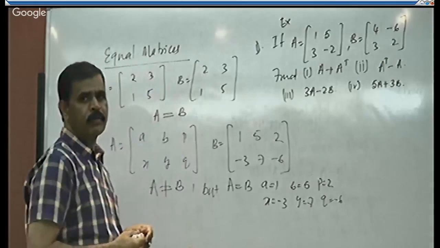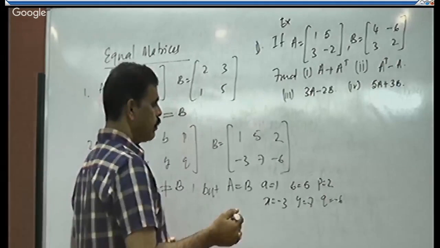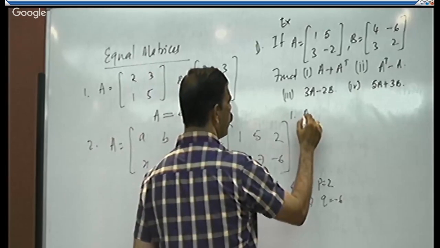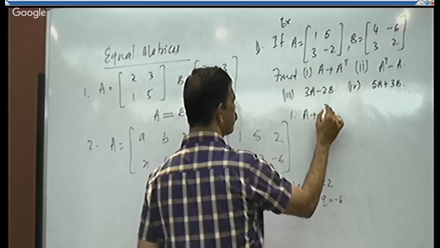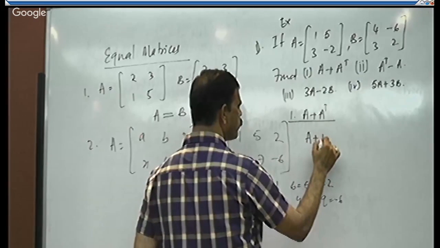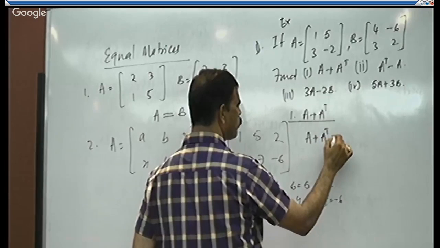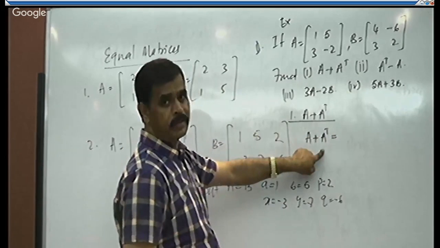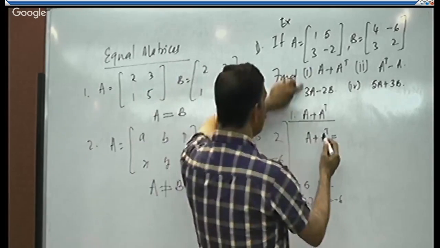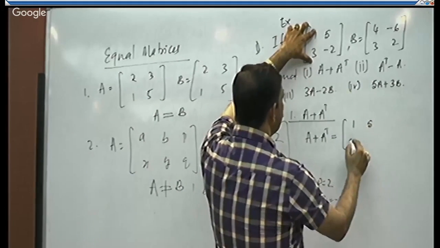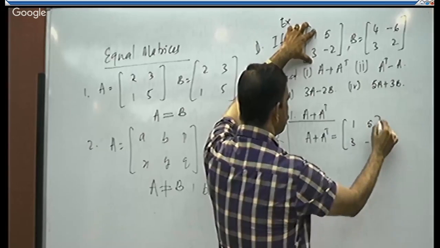Let us work out one by one. What is the first one? The first one is A plus A transpose. Write the matrices according to the given expression. What is that? A plus A transpose. What is A? Take this: 1, 5, 3, minus 2.